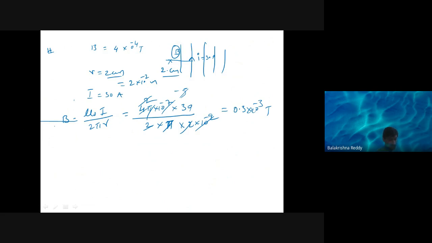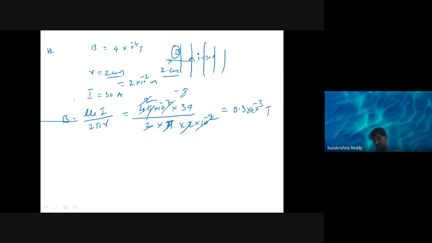Find the magnitude of resultant magnetic field at a point. But they have given magnetic field 4 into 10 to the power minus 4 Tesla parallel to the current. Then one more option is also we should have, which is perpendicular. In the perpendicular direction, how much?